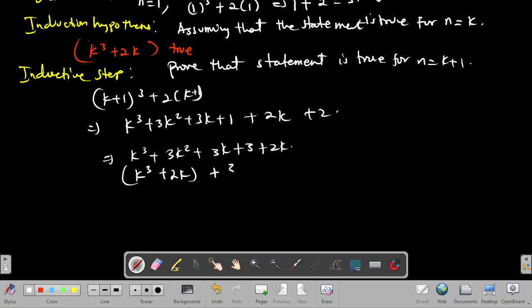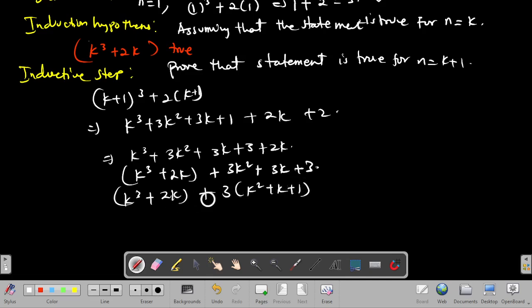Here we have 3k squared, then 3k plus 3, so these are the leftovers. I can come down with k cubed plus 2k in one bracket, then factorize 3 out because 3 is common, and I'll have k squared plus k plus 1. I can clearly see that this expression is divisible by 3, because my hypothesis says that it's true.